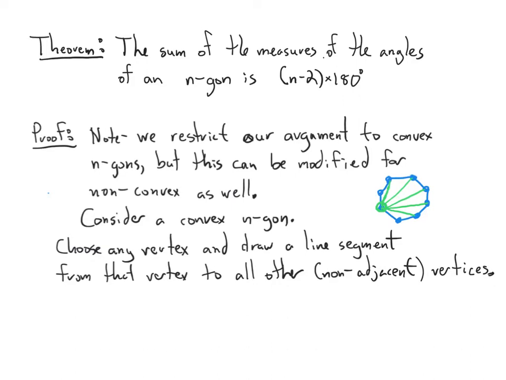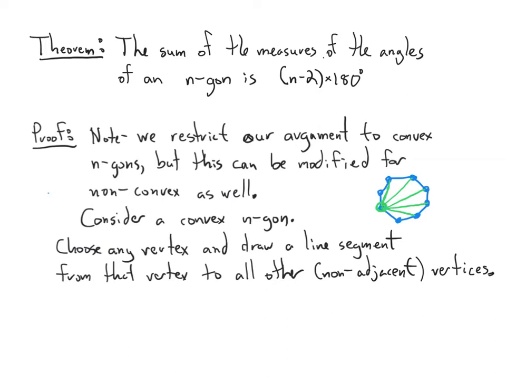And what does that do? Well, that breaks up our n-gon into, if we think about it, n minus 2 triangles. Here we drew 5 line segments, 3, 4, 5, which broke up our interior into 6 regions. If you draw 5 line segments coming from the same point in a region, it'll break it up into 6 parts.